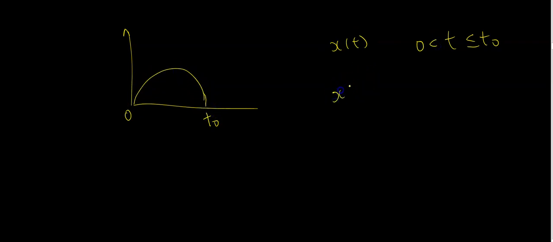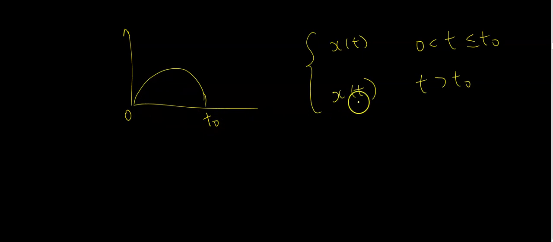And then we saw there was a solution for x(t) when t was greater than t naught. And actually, either of these solutions depended on the response found within the pulse between 0 and t naught.